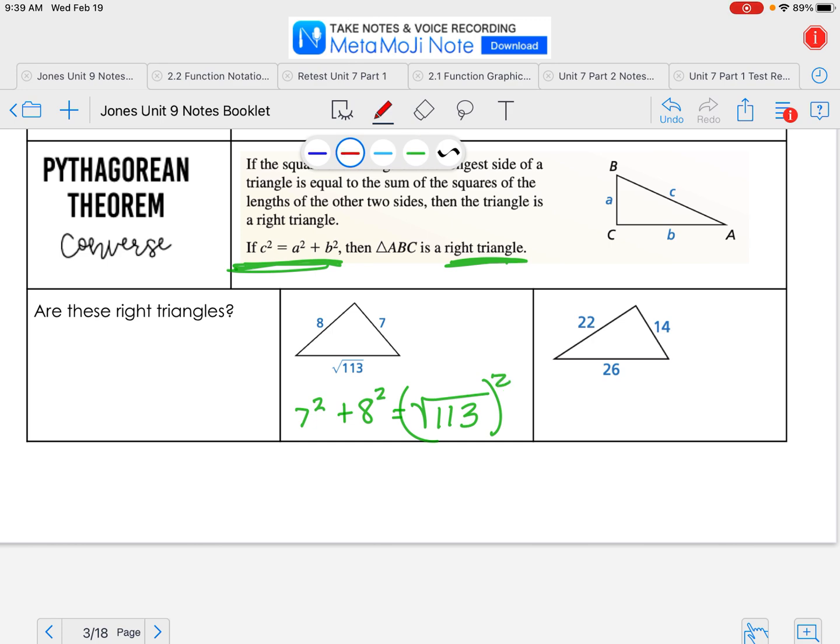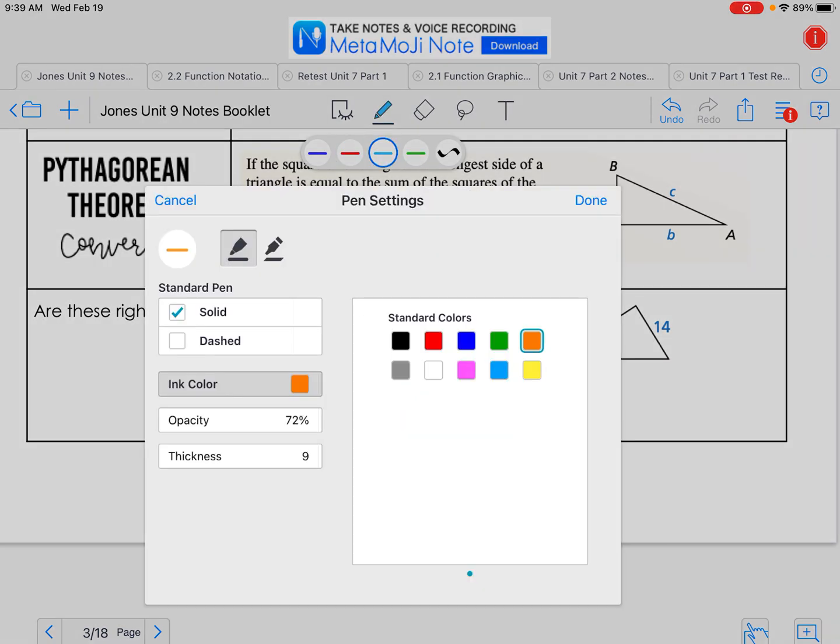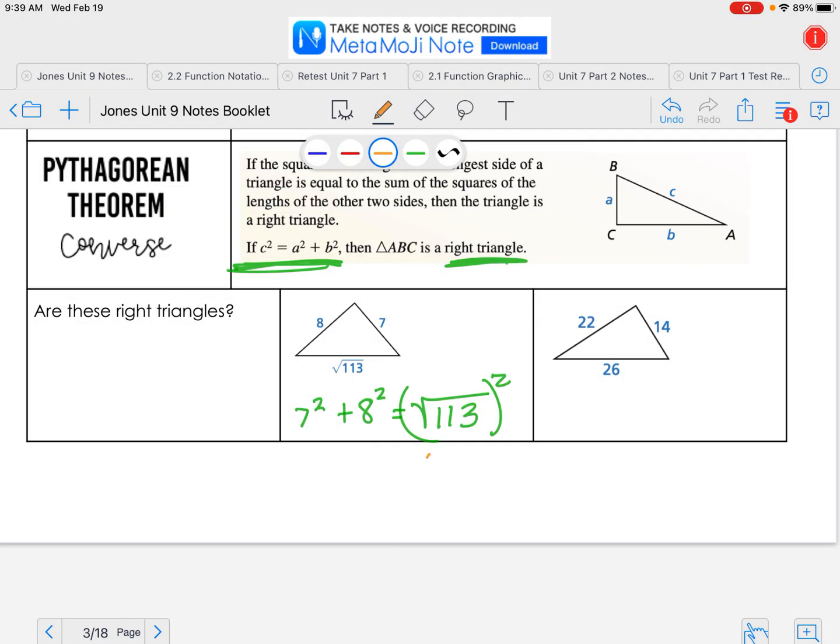Now, I know we haven't dealt with this a lot, but when you square a square root, it just drops the square root and gets 113. So let me pull out my calculator. And 7 squared plus 8 squared equals 113. So, yes, this is a right triangle.